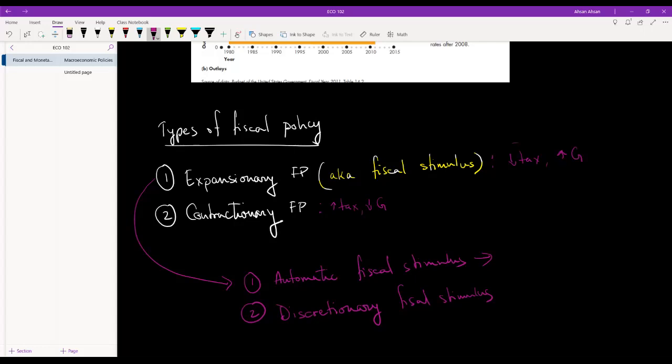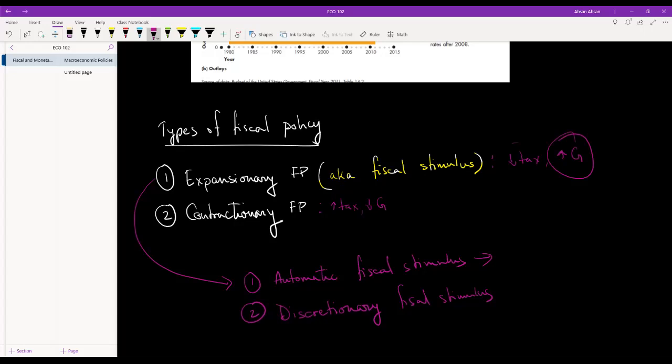So the government didn't have to do anything. Just because of the way the economy was performing, automatically government expenditure was going up because there is a policy in place that if you have been unemployed for so and so many days, you qualify for unemployment benefits or a lot of other benefits as well. So this was automatic depending on the performance of the economy.